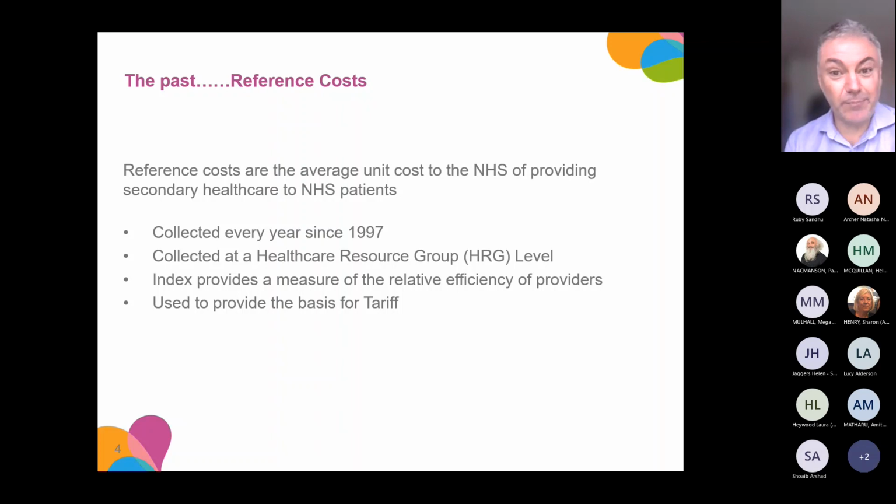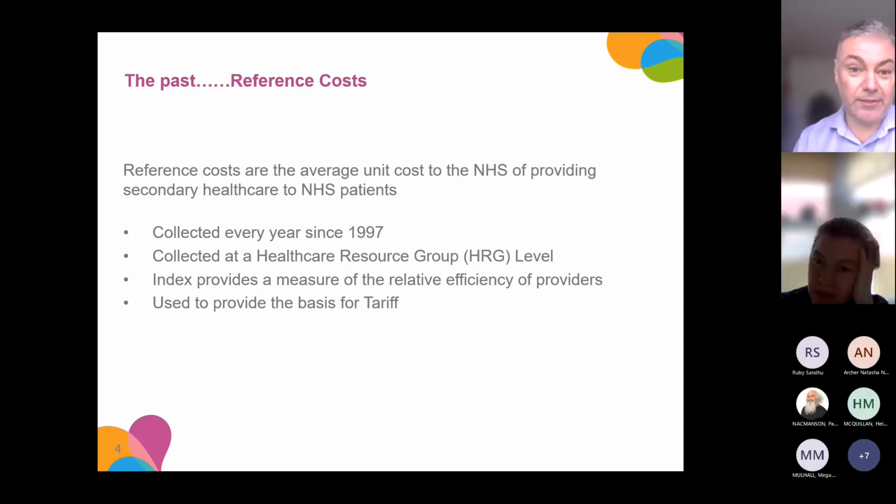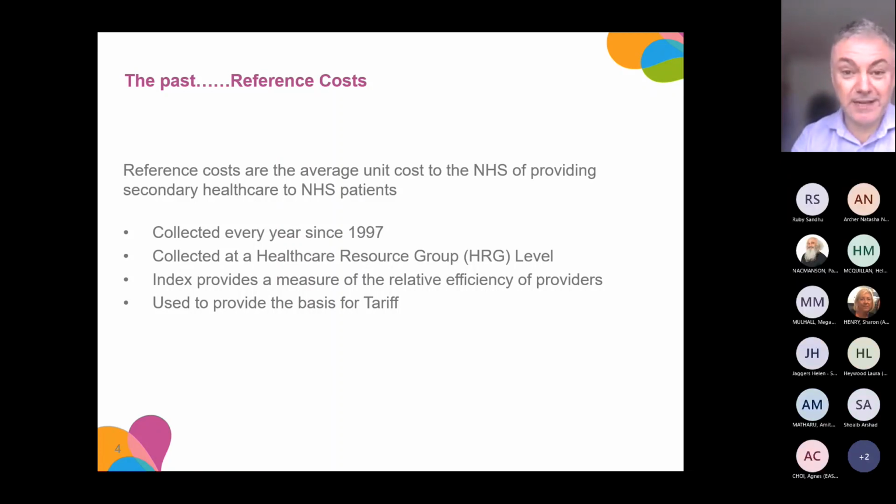But from April 23, we're going to be reverting back towards an HRG based tariff again. There'll be some blocks in place, but it'll be a bit of a hybrid. So certainly for efficiency and benchmarking, this cost collection at HRG level is still very important. Probably less so for tariff, but it does inform the tariff and it does inform the block contracts that we've got as well.